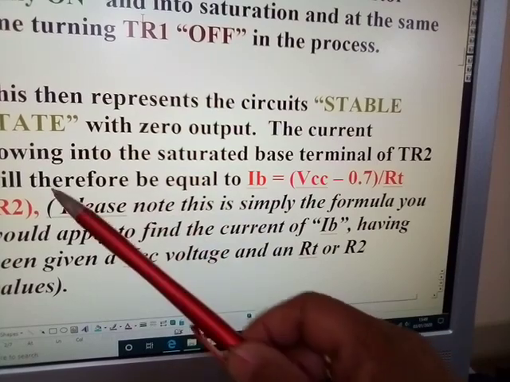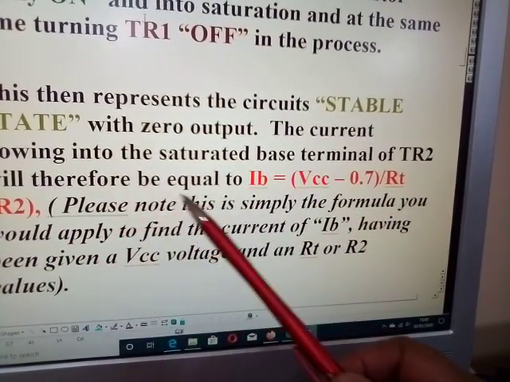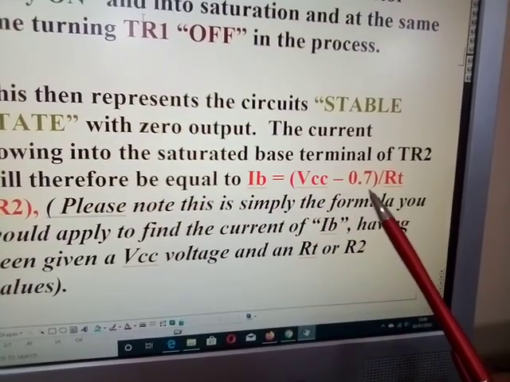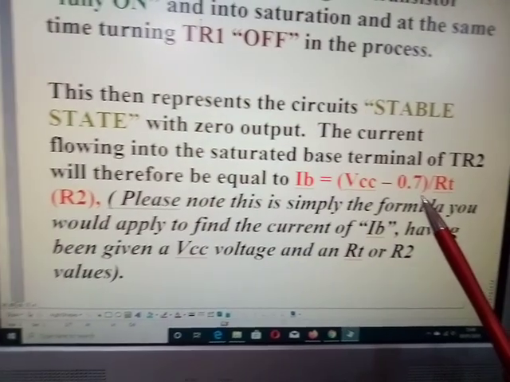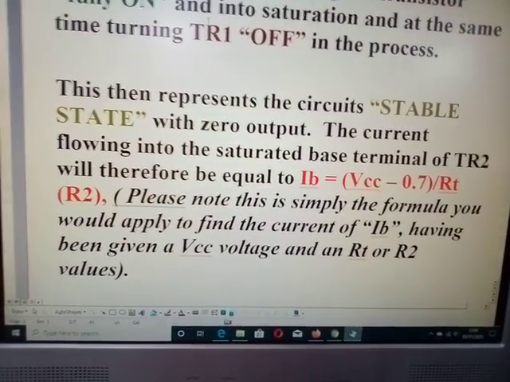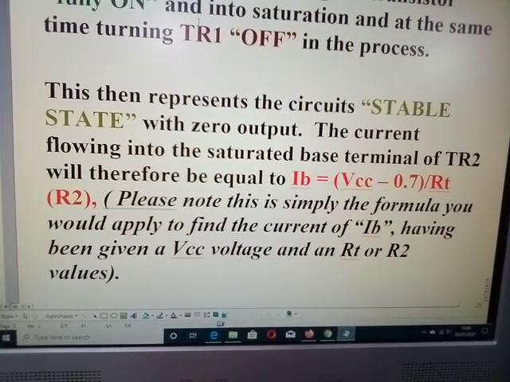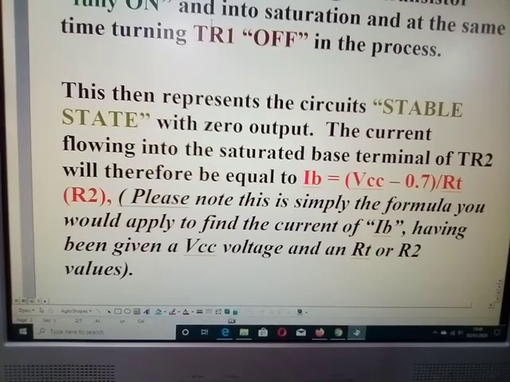The current flowing into the saturated base terminal of TR2 will therefore be equal to IB equals VCC minus 0.7 over RT. Now 0.7 is the voltage which the transistor will operate at.